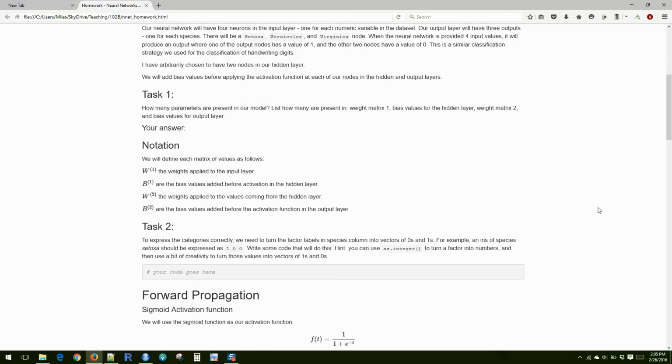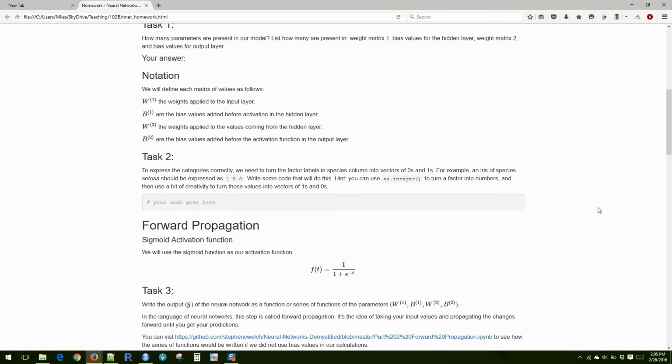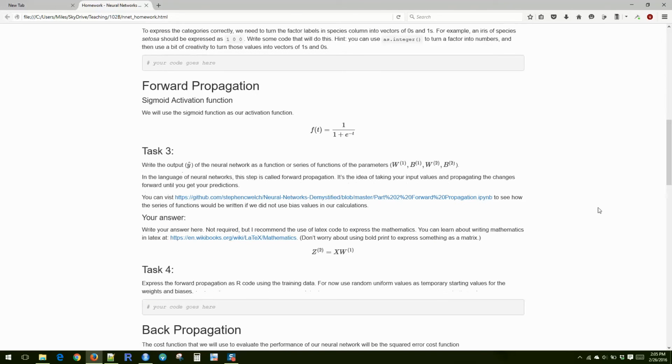Have you ever used LaTeX as a typesetting? There are a few parts where I want you to write out the equations and the derivatives or the gradients, and so I recommend using LaTeX. You don't have to, but I think LaTeX makes it pretty.